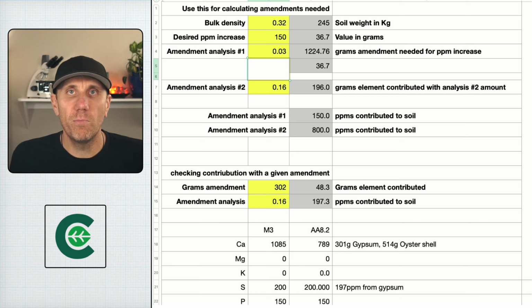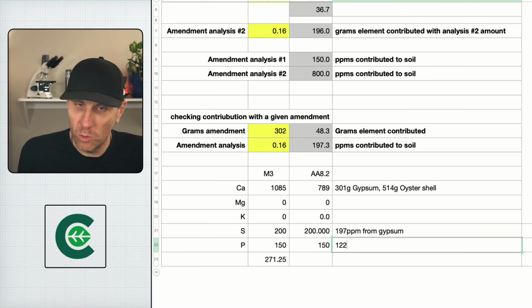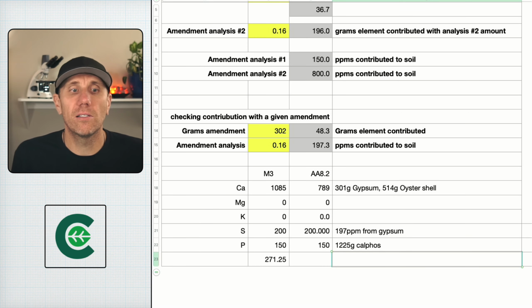And to get 150 parts per million on a soil that weighs 245 kilograms per cubic yard, we need 1,224.76 grams of CalPhos. So we'll just call it 1,225. So if we go 1,225 grams CalPhos, now we've handled our calcium, magnesium, potassium, sulfur, phosphorus values.